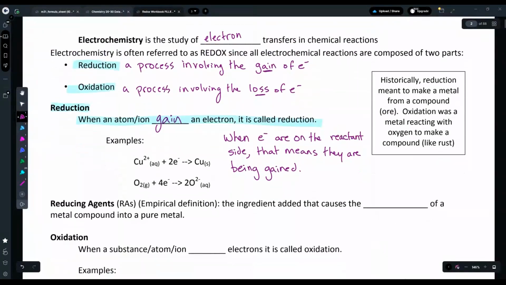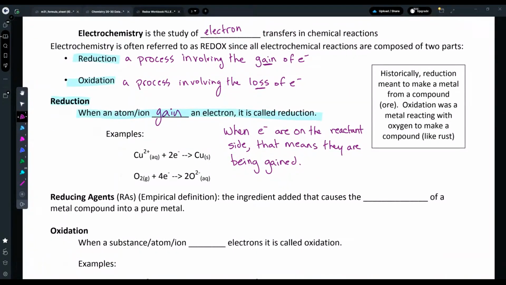Now, reducing agents are the ingredient added that causes the reduction of a metal compound into a pure metal.